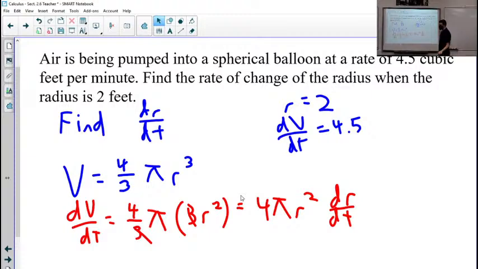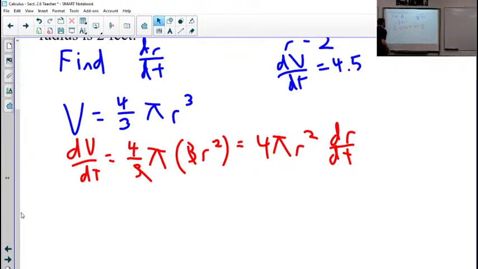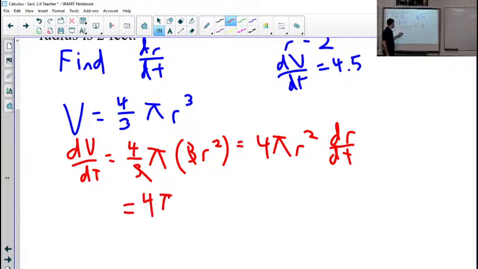So we're going to plug in everything else and use that to solve for dr dt. Here we go. r squared dr dt. And we also have dV dt. Well, dV dt is 4.5.